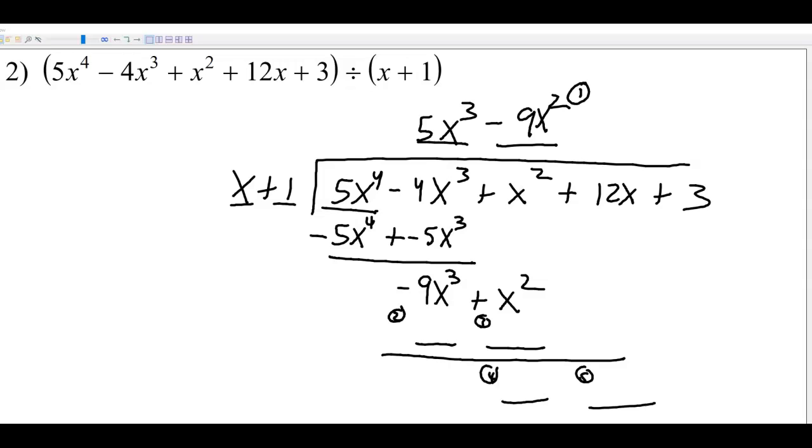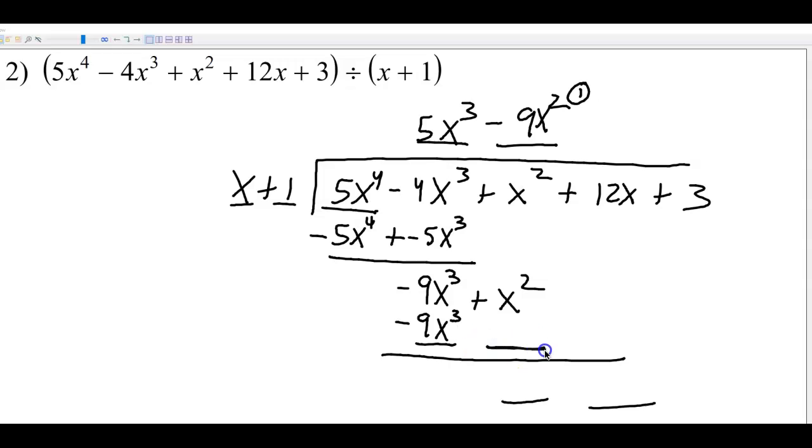All right, next blank, I'm going to ask Lily what goes here. Right here. Negative 9x what? Yeah. And that comes because you're doing this number times this number.